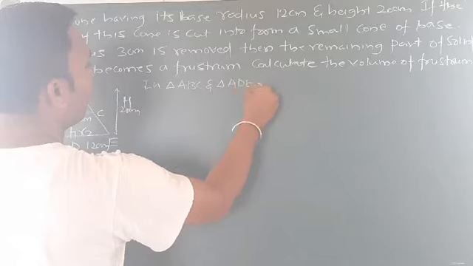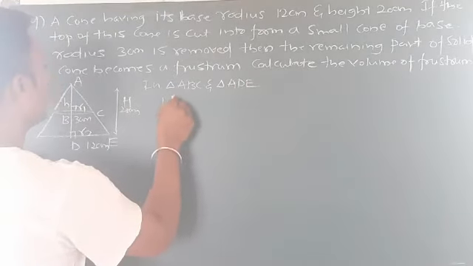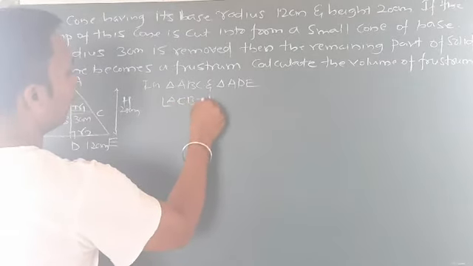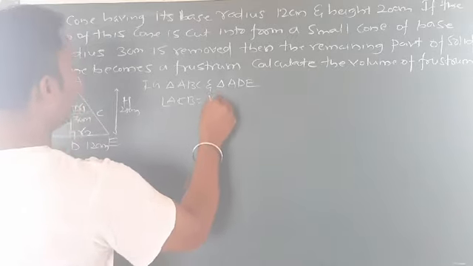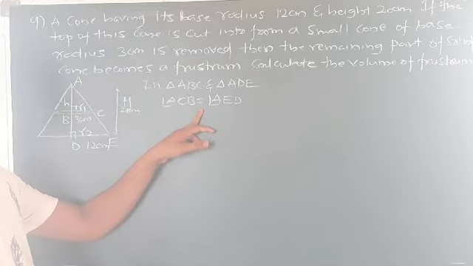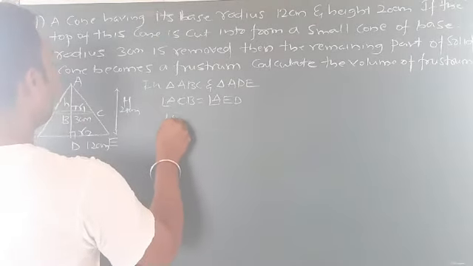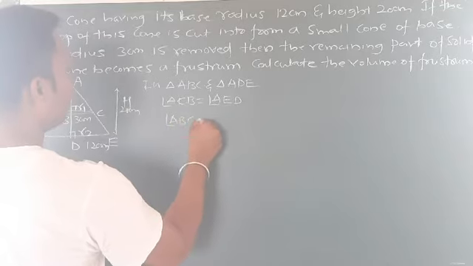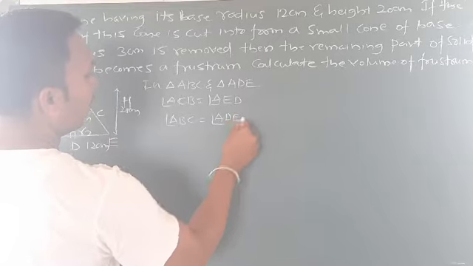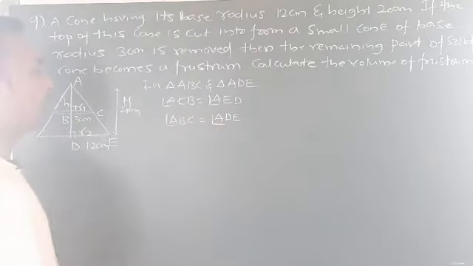In both these triangles, angle ACB is equal to angle AED, and angle ABC is equal to angle ADE. You know very well why these are equal: these are corresponding angles, and this is 90 degree each.